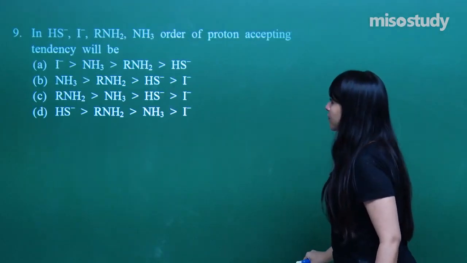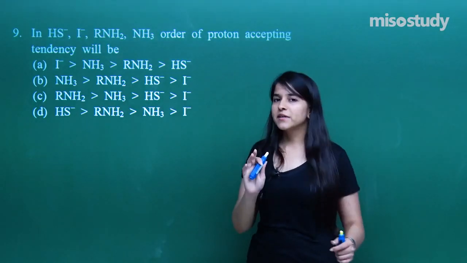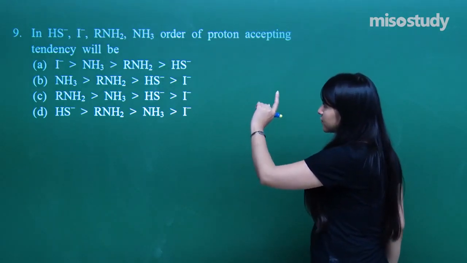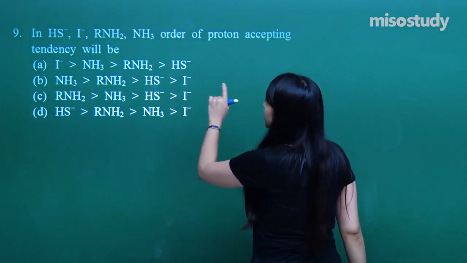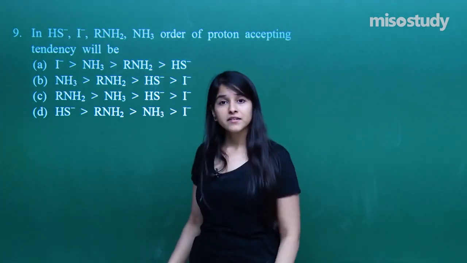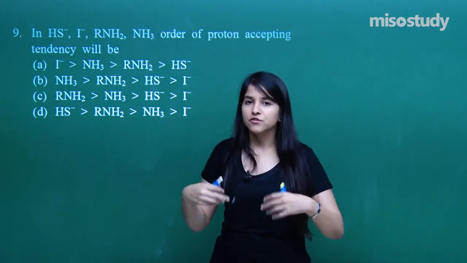What do we have? Yes, in HS negative, a slightly complicated question but a super easy answer. HS negative, I negative, RNH2 and NH3, order of proton accepting tendency. So all of these are anions which are present, or I can say the donors.